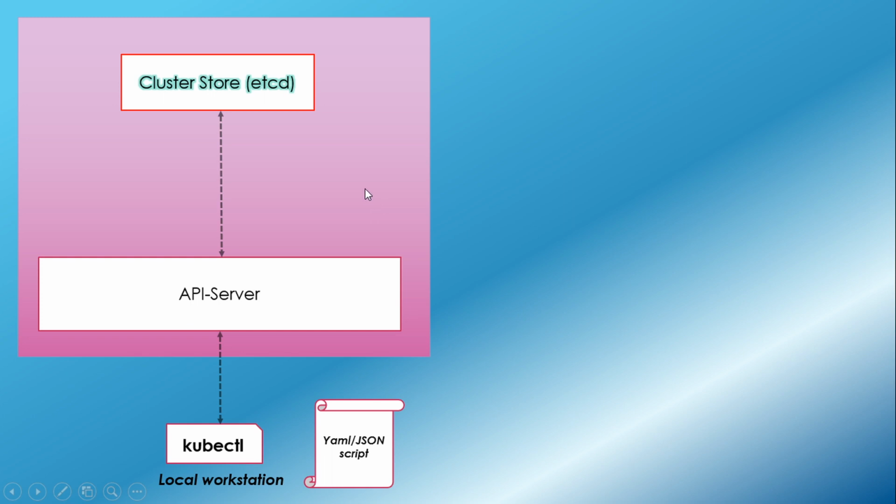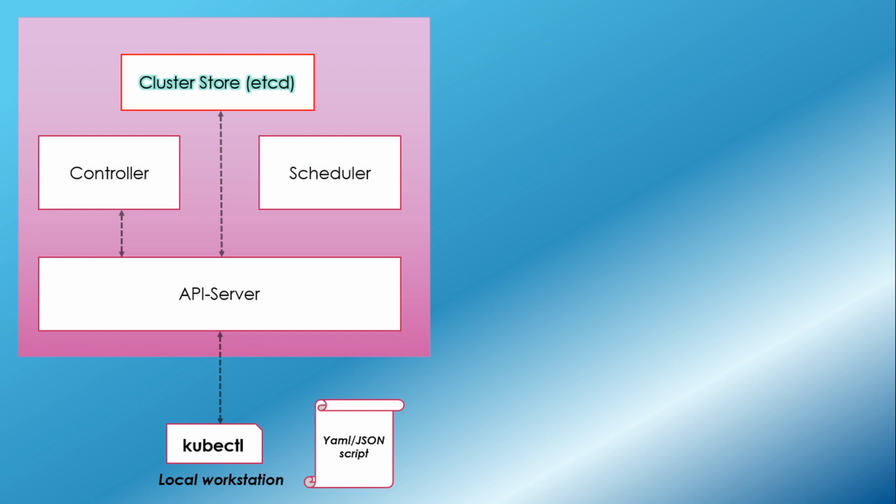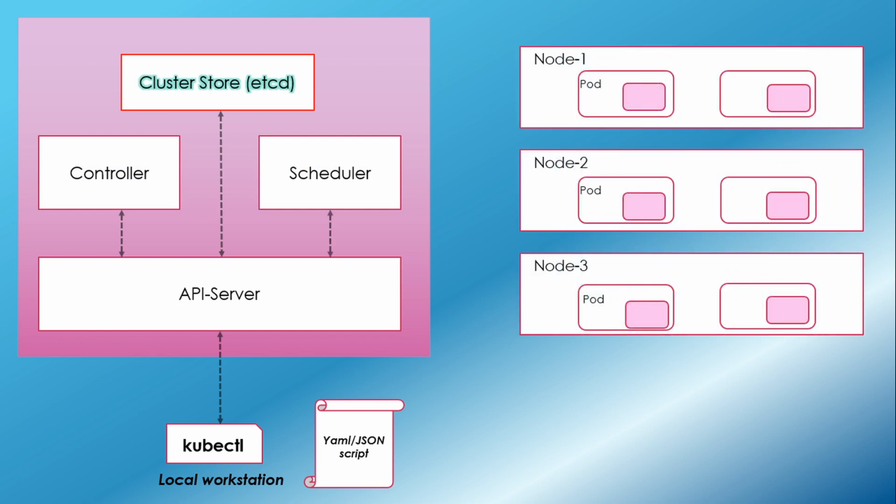Then the scheduler listens to the API server and says, okay, let me do my work. Let me analyze the healthy nodes. This is how the communication happens: the API server communicates to the scheduler, and the scheduler says, okay API server, I will communicate with my nodes in the cluster environment and get it done for you.